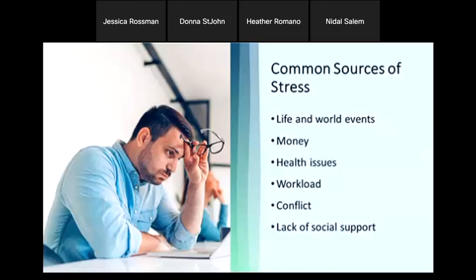Could also be a lack of social support, when we feel like we're alone or we're the only one that experiences something. But keep in mind, the event could be something positive or negative. This is by no means a complete list, but it's a good representation of some of the stressors that we might experience. So whatever your personal stressors are, rest assured you're not the only one. And the strategies that we're going to talk about in a few moments can be applied to any of them.